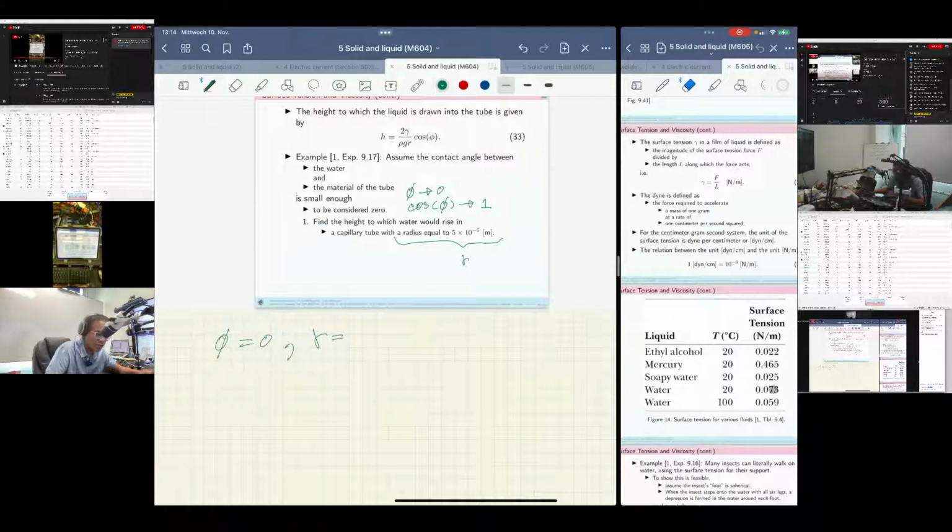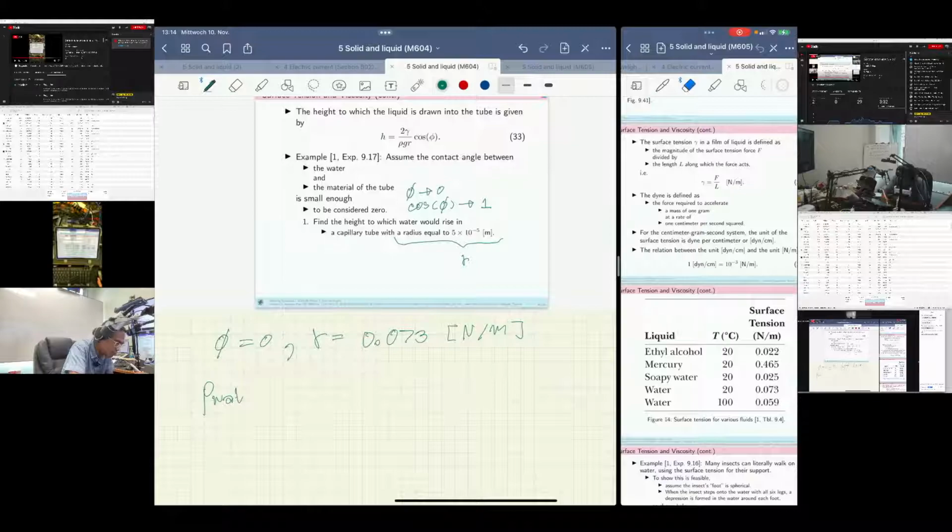Water at room temperature is 0.073 Newton per meter. It's gamma, okay. I'm sorry for that. Maybe it looks like the variable R. It's gamma, all right. And rho is the density of the water.